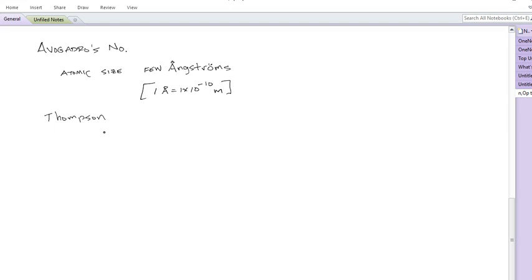So we now have the idea of the electron as a negatively charged particle. Now, people know that atoms are neutral unless you ionize them, right? You can make them charged. But atoms usually are neutral, so if the electron is negatively charged, there has to be some positive charge also in the atom.